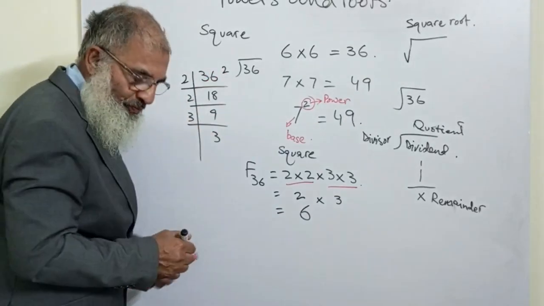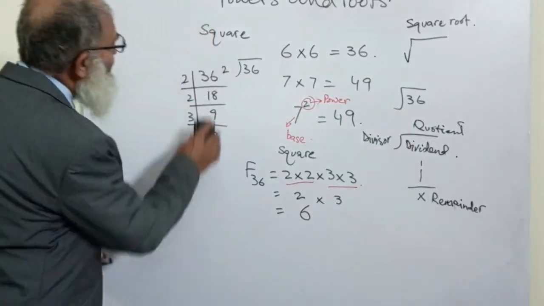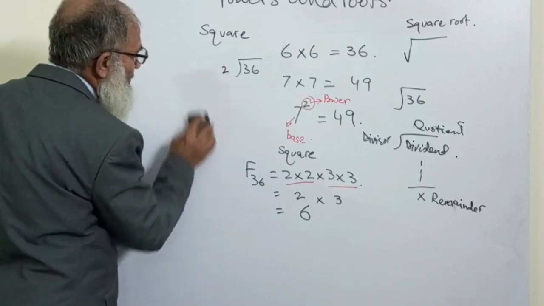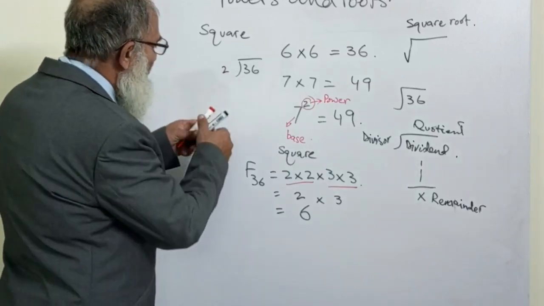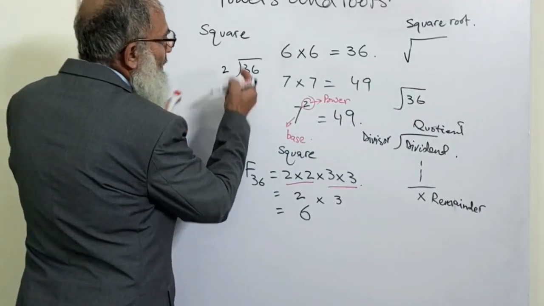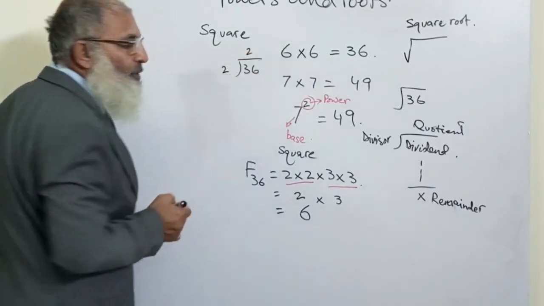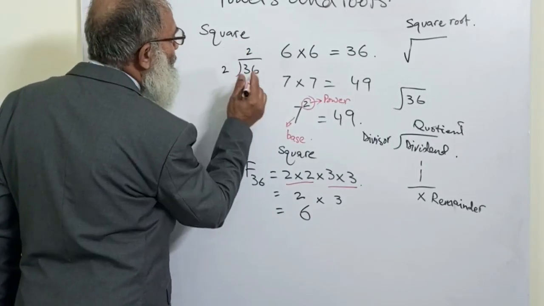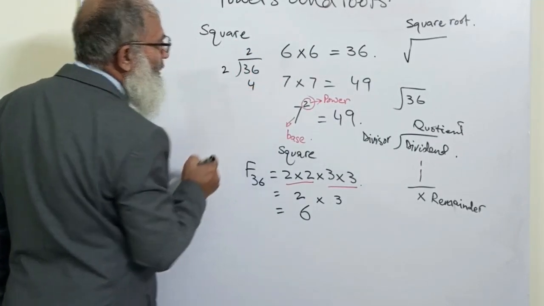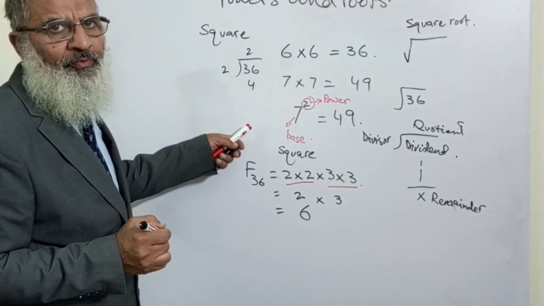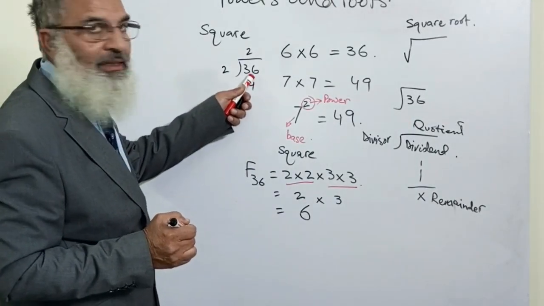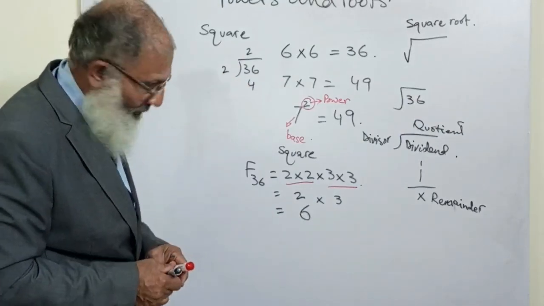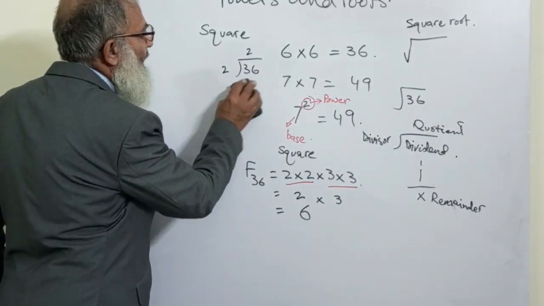If I take 2, then I have to take out 2 here as well. So what comes here? 2 multiplied by 2 becomes 4 over here. So it is far less than 36. So this is not allowed over here. Take the next number, 5.